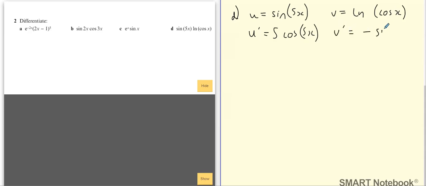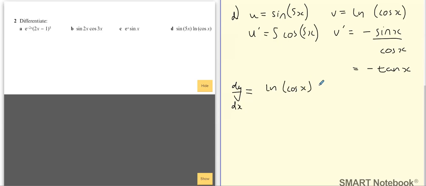So I should have got minus sine x over cos x. Or alternatively, you could also have said minus tan x as well. It's up to you. It doesn't really matter at this stage, because you've not been asked to show that it is equal to something. Okay, so now using the product rule, I'm going to have ln cos x times by 5 cos 5x.